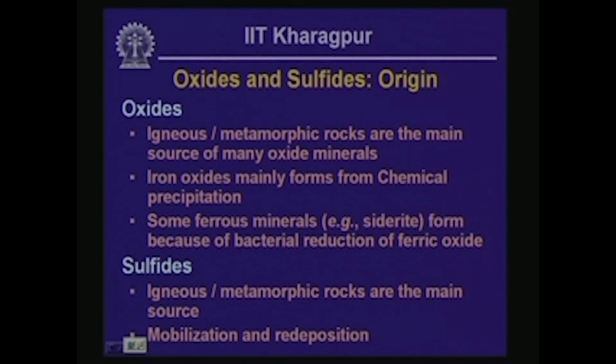Some of the ferrous minerals also form because of biogenic action, in a manner similar to biogenic carbonate minerals. Then sulfides form out of igneous processes, volcanism or metamorphism, or they could be formed out of mobilization of sulfide minerals and redeposition through chemical action, chemical weathering.